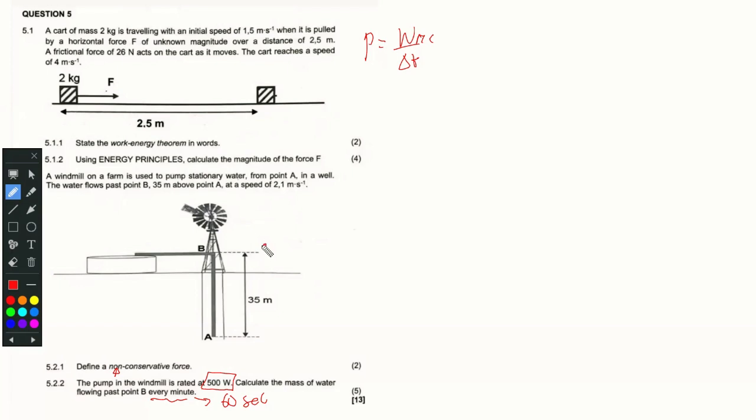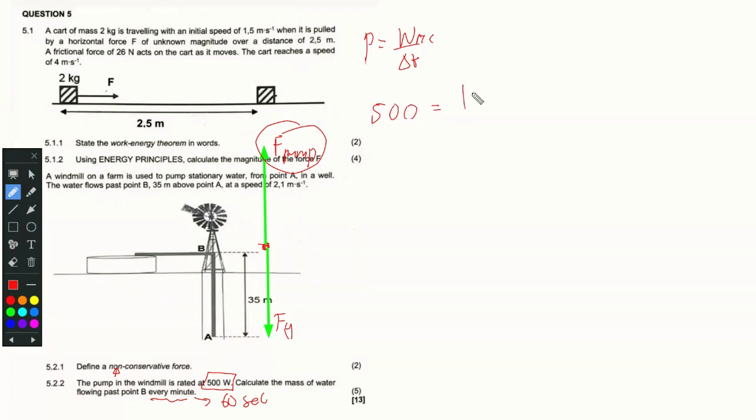So, okay, we know that there's the force of the pump, and then obviously there's gravitational force. But the power is being given by the pump. So force of pump, and here we have the gravitational force. The power comes from the pump. So we can calculate the work done by that pump by saying power is what? 500.